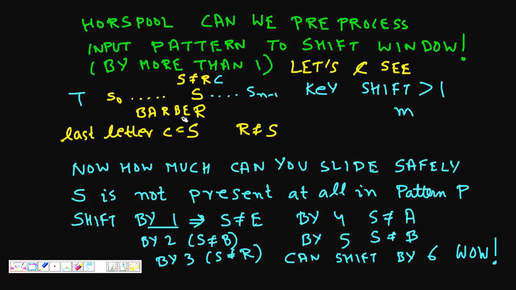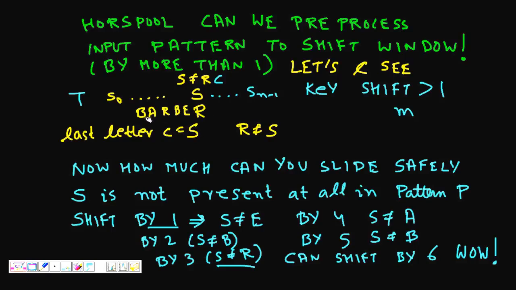With a shift of 2, B will come to S, still not matching. With a shift of 3, R will face S, again R is not equal to S. With a shift of 4, A is aligned to S, again not equal. If we shift by 5, B is aligned with S, which also does not match. Okay, so that's the thing.